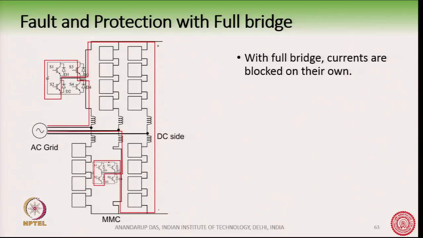You will see that the current flows like this and goes through the capacitor here, comes out of the full bridge, goes to the DC side, there is a pole to pole fault here, comes here, and then again the path gets completed through this capacitor and then through this inductor and goes back to the AC grid, right.